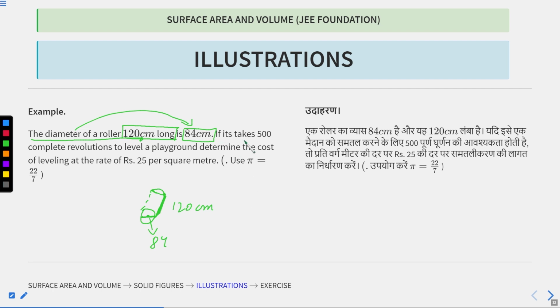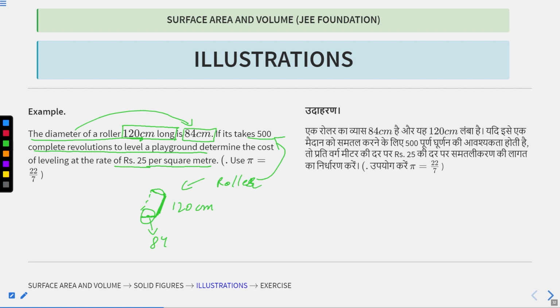Now suppose this roller takes 500 complete revolutions to level a playground. The question is asking us to determine the cost of leveling at the rate of 25 rupees per square meter.